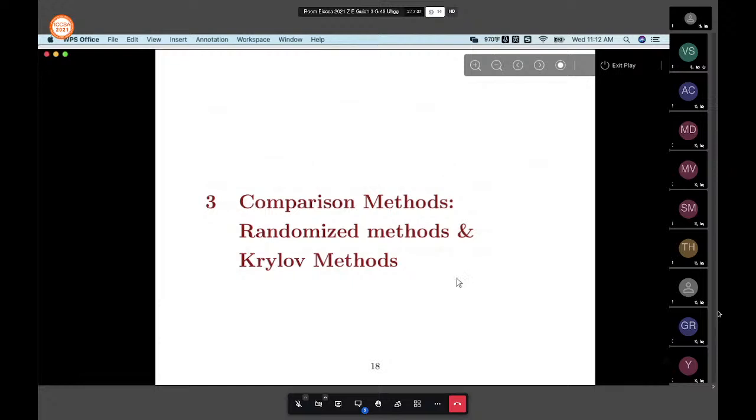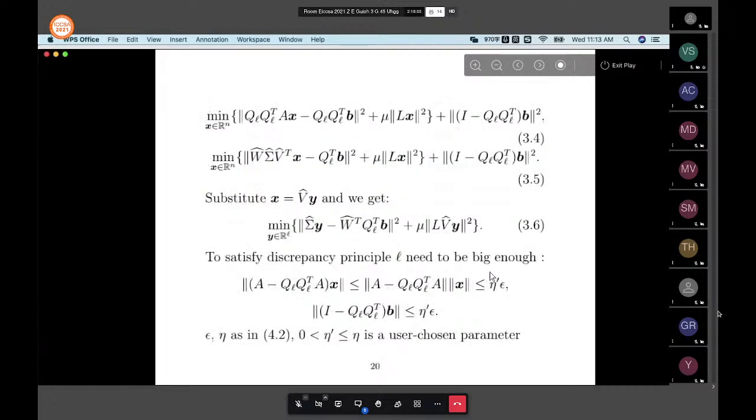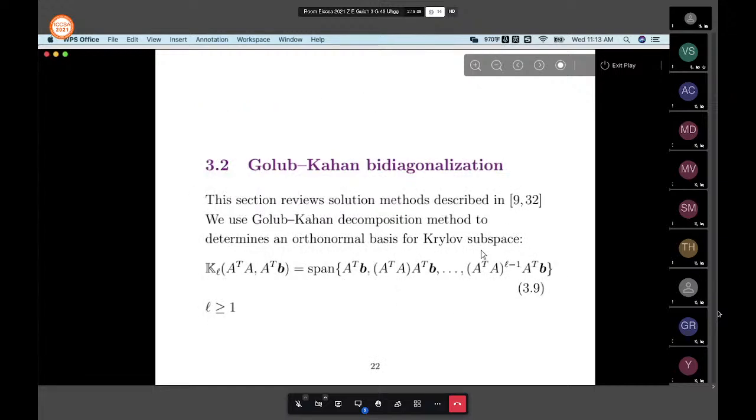And then we compare the Chebyshev methods with the randomized method and the Krylov method. The random method, as we said, is very similar to the Chebyshev projection method. Instead of the Chebyshev matrix, we have this Omega matrix, which is a random matrix. The entries are identically normally distributed with zero mean and variance 1. And the method itself is very similar to the Chebyshev projection method. For the Krylov method, we compare with a method based on Golub-Kahan bidiagonalization.